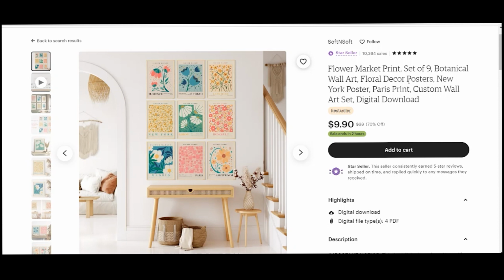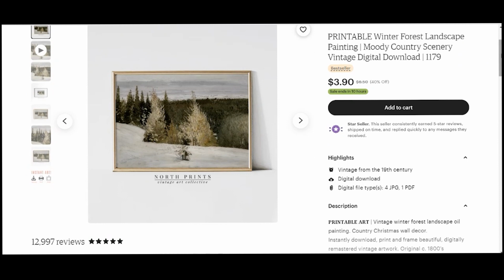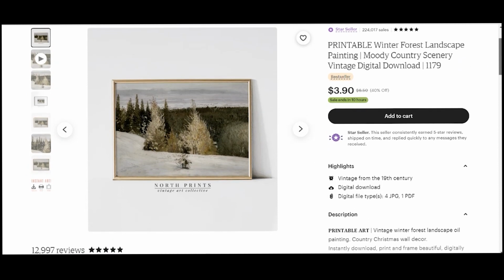And our last and first in landscapes idea for today is printable winter forest landscape painting, multi-country scenery, vintage, digital download. I really suggest that you don't use anybody else's works to create such landscapes.